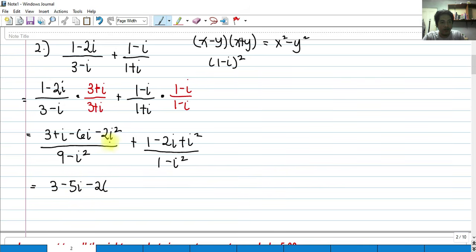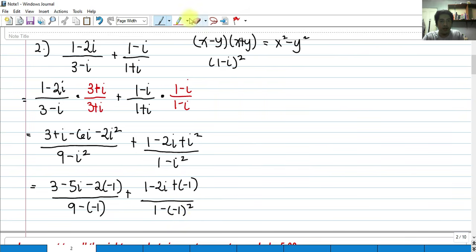And negative 2 times i squared. We know that i squared is negative 1, over 9 minus i squared, and again i squared is negative 1. So be careful with the sign.